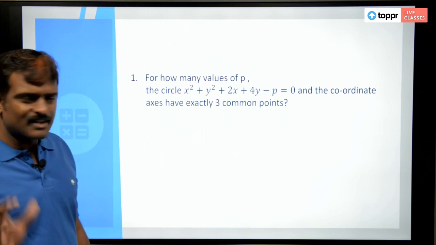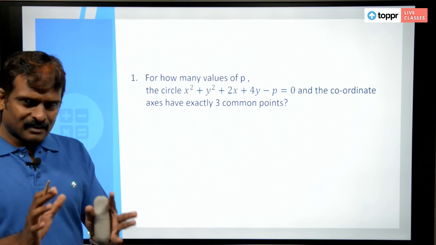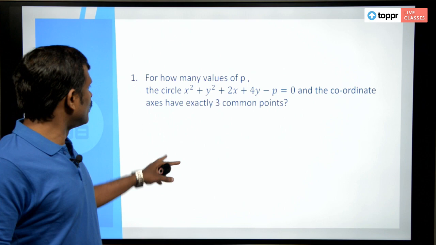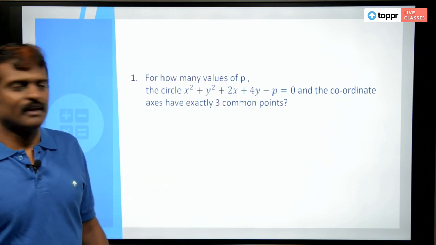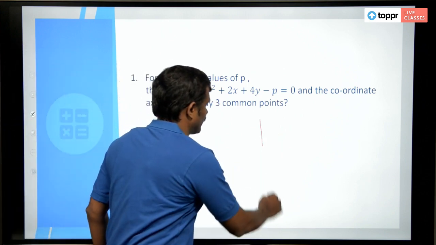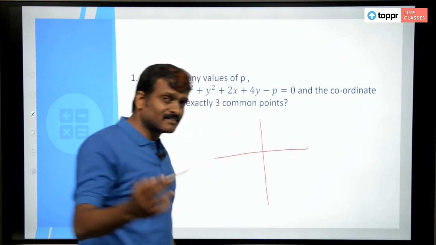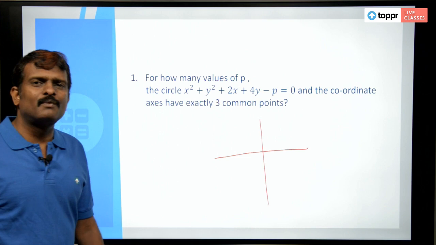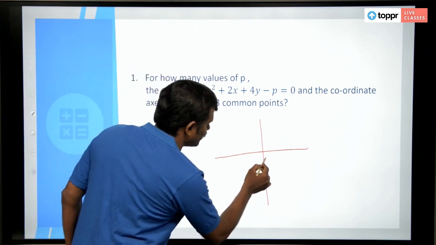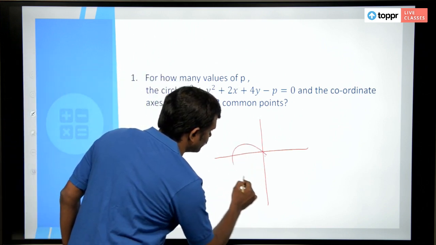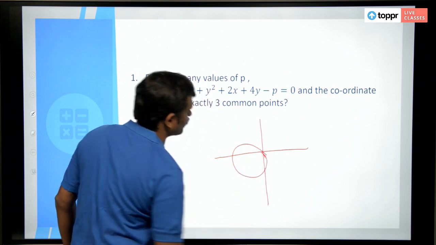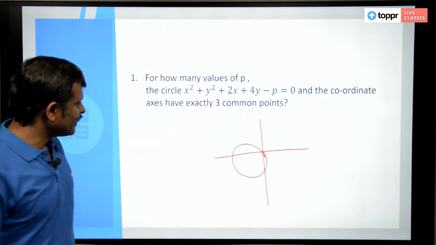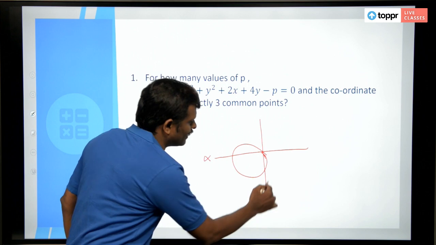So, the given condition here is that the circle should have exactly 3 common points with the coordinate axes. What can be the possibilities? It can pass through the origin, intersecting the x axis and y axis.